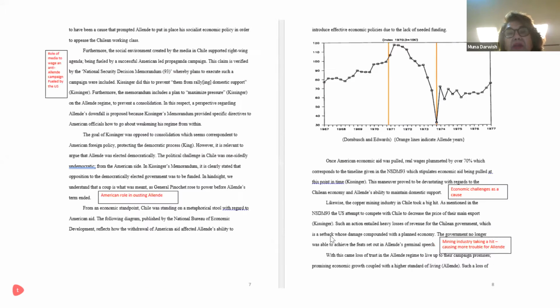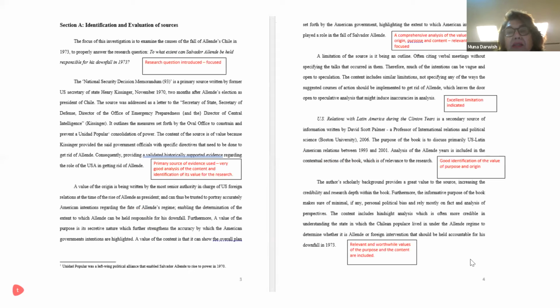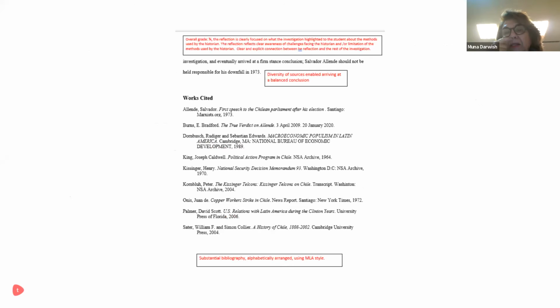Extensive feedback has been put by me because this has been sent for external moderation, and no change in grade has been made. Given this kind of investigation, don't be draconian in your assessment. Don't be too lenient or too harsh on the students. I saw that one of the moderators gave 7 to 9 for the investigation.